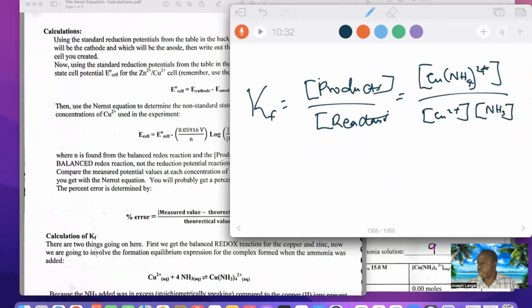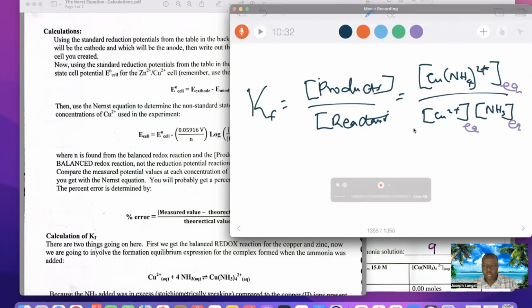And remember, this is at equilibrium. You look at this equilibrium expression, these are equilibrium concentrations.